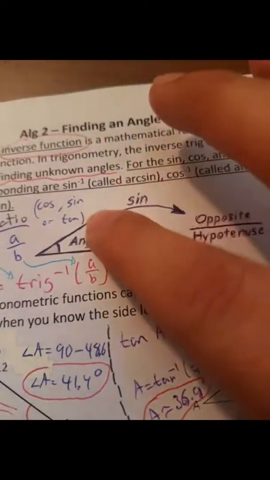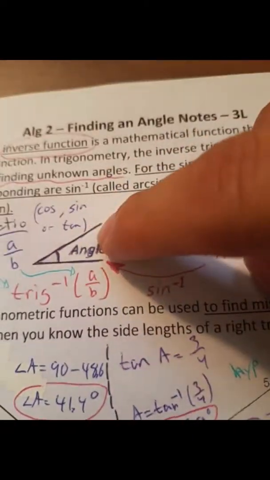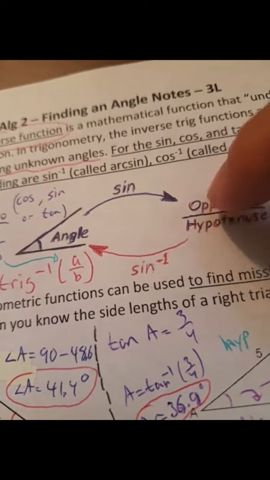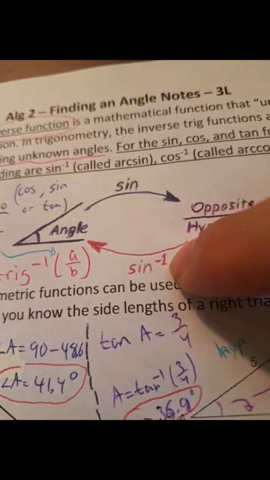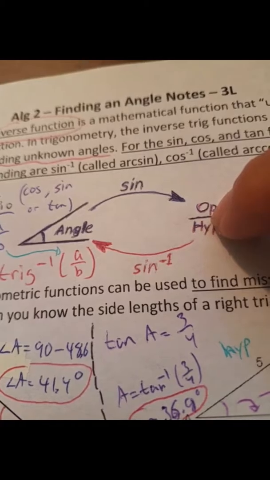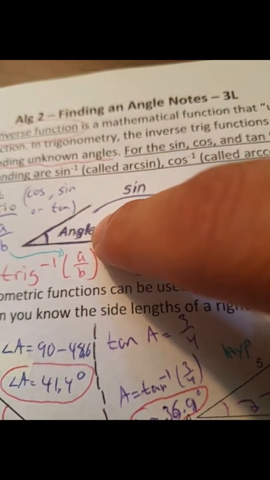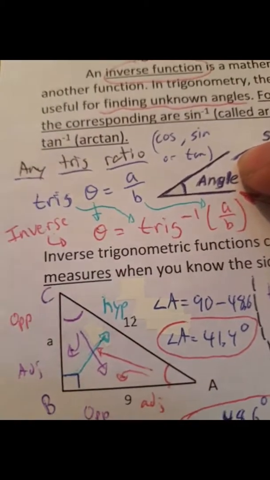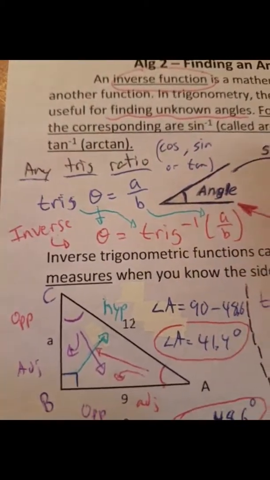This is the general idea: you have an angle, you have the sine ratio, like opposite over hypotenuse, and then you can use inverse sine of this value to get back the angle. Please write this down on the side.